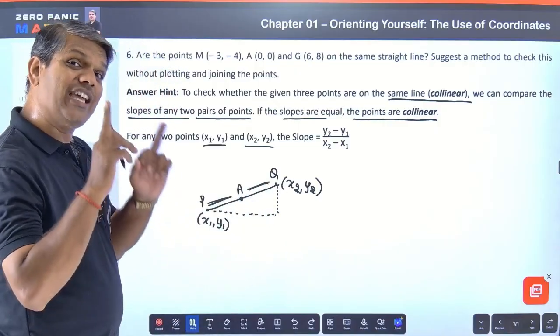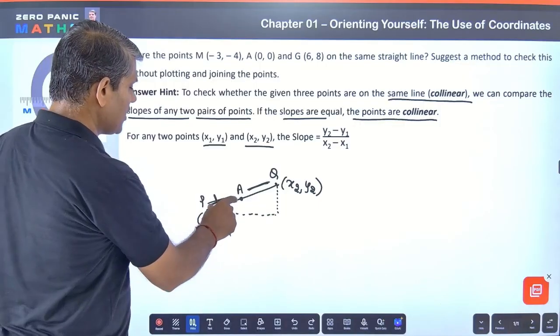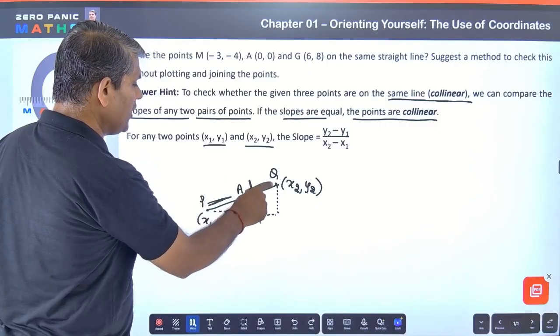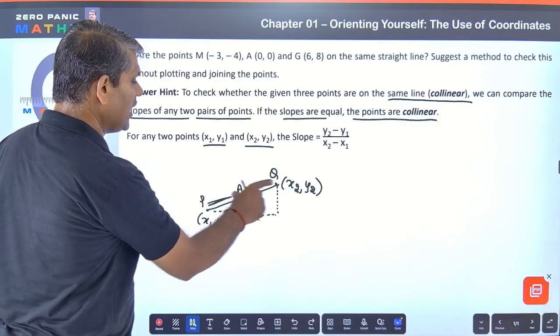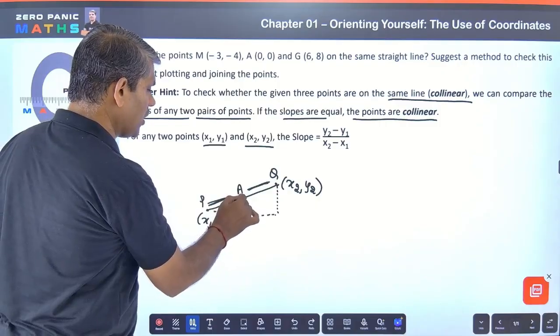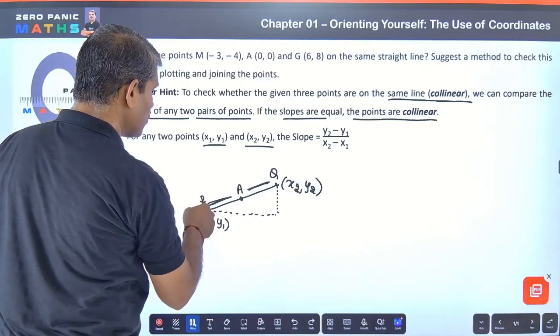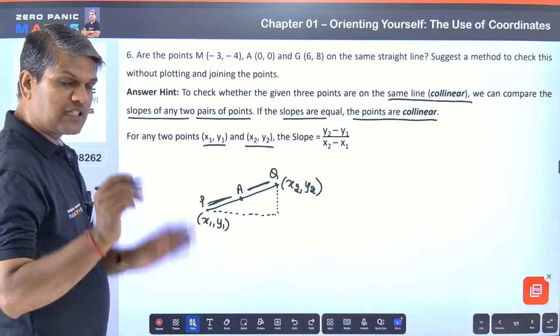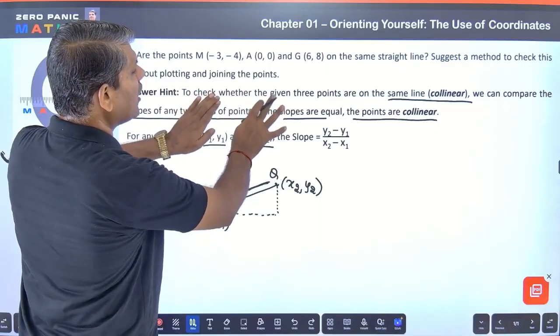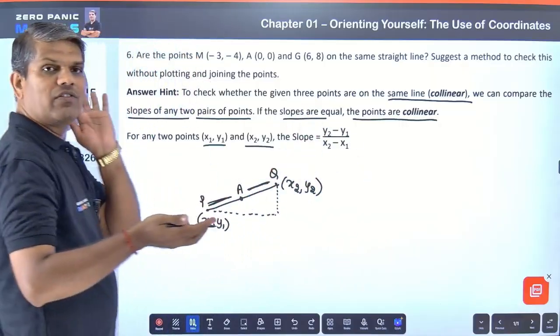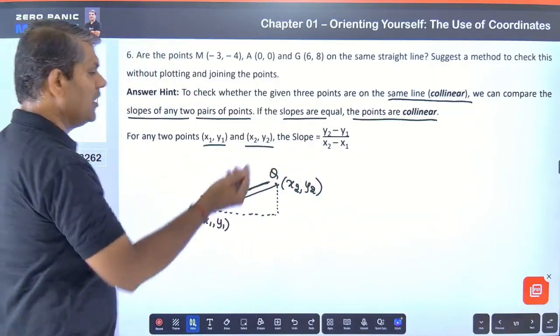If that is equal, meaning the change in y coordinate with the x coordinate change is equal, then we can say that this particular point is on the line that passes through the points P and Q. This is the logic we are going to use here. How this formula comes, you will see in the future classes.